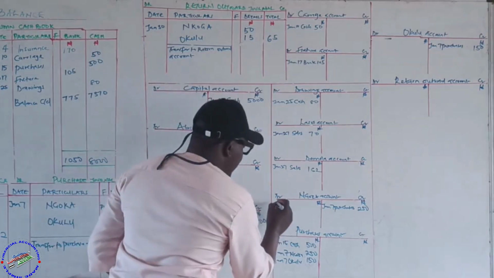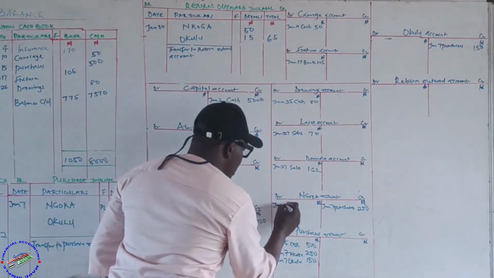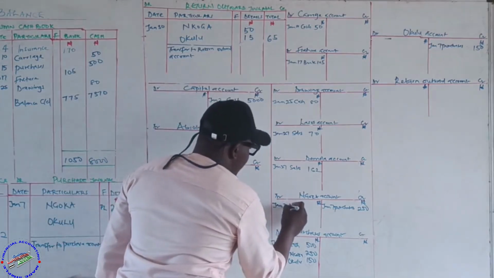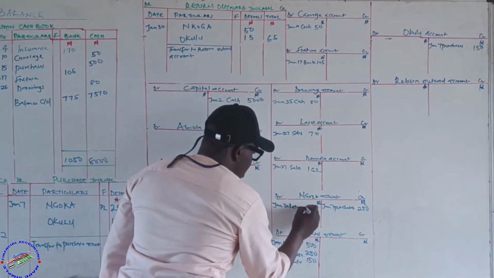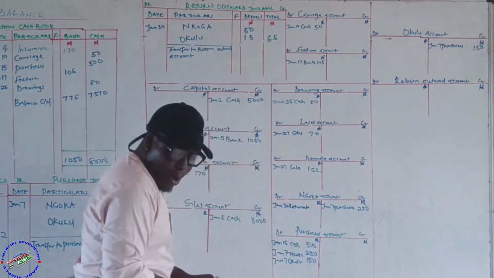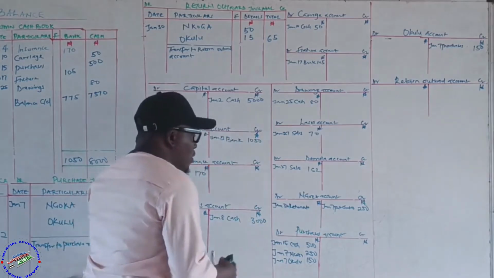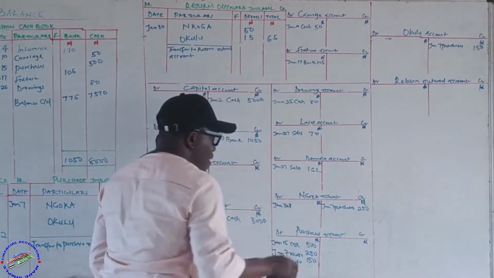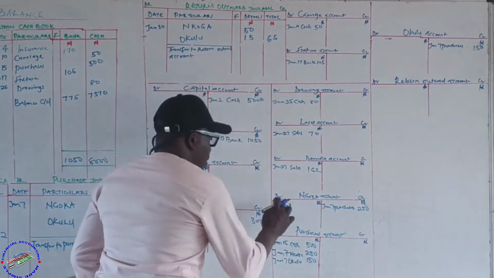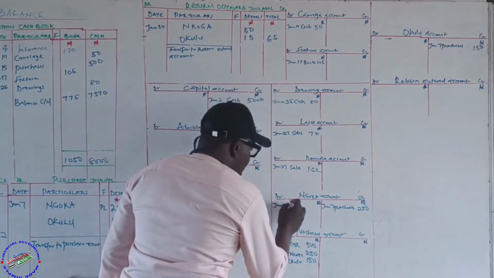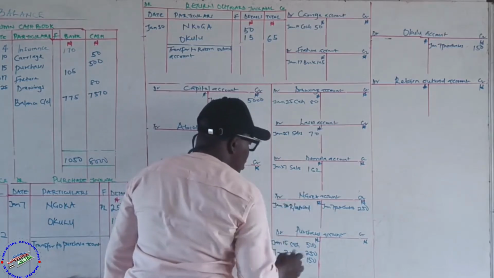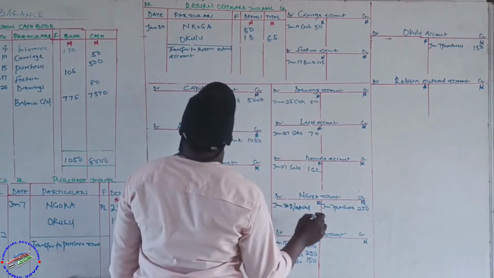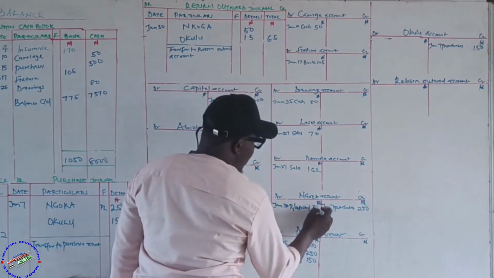January 30, we have return outward. I'll write it as R outward because of space. So that's 15 naira.